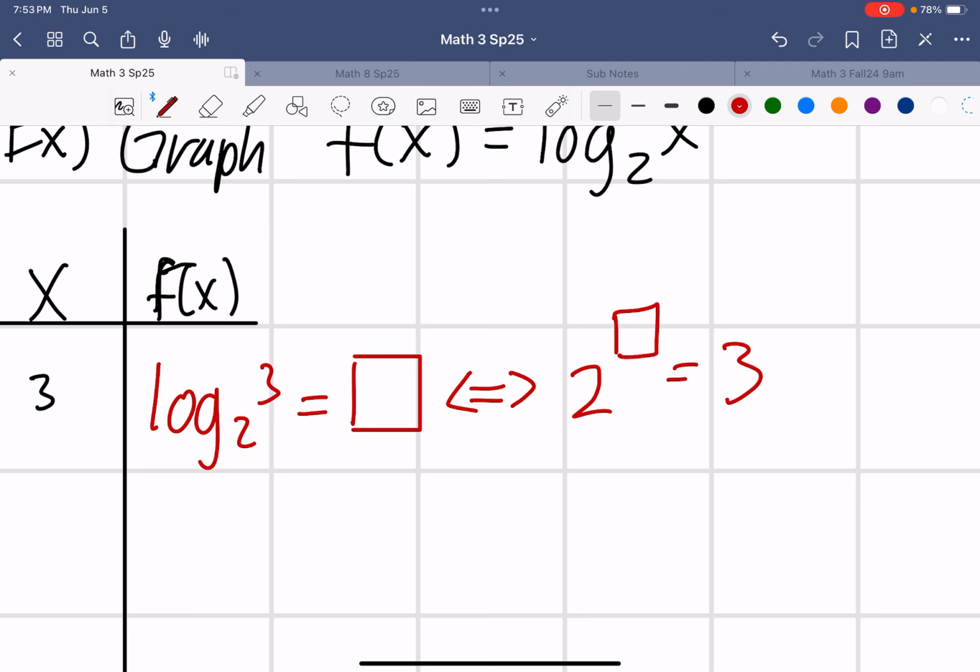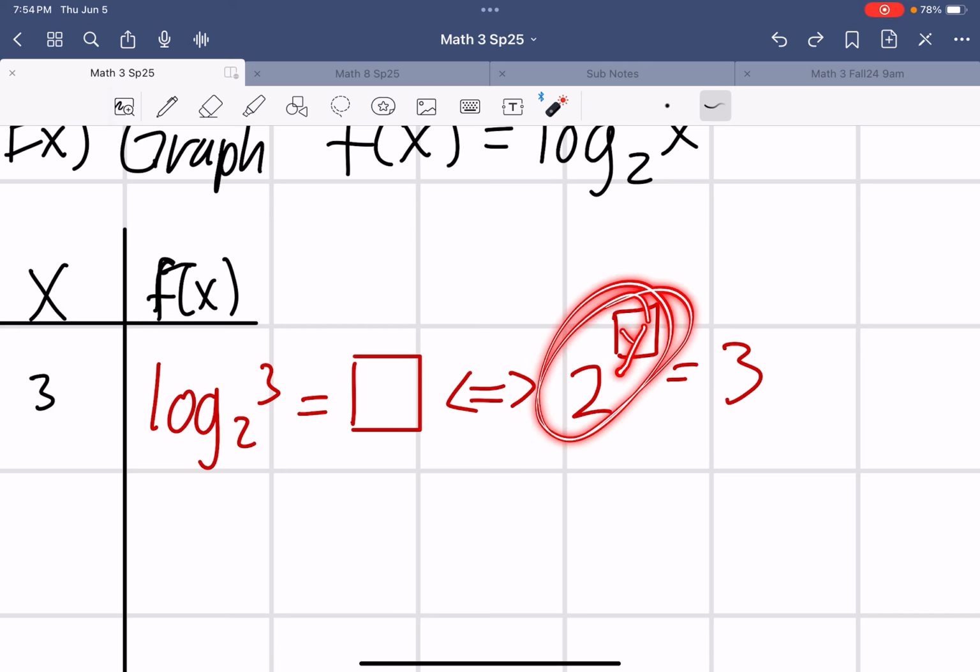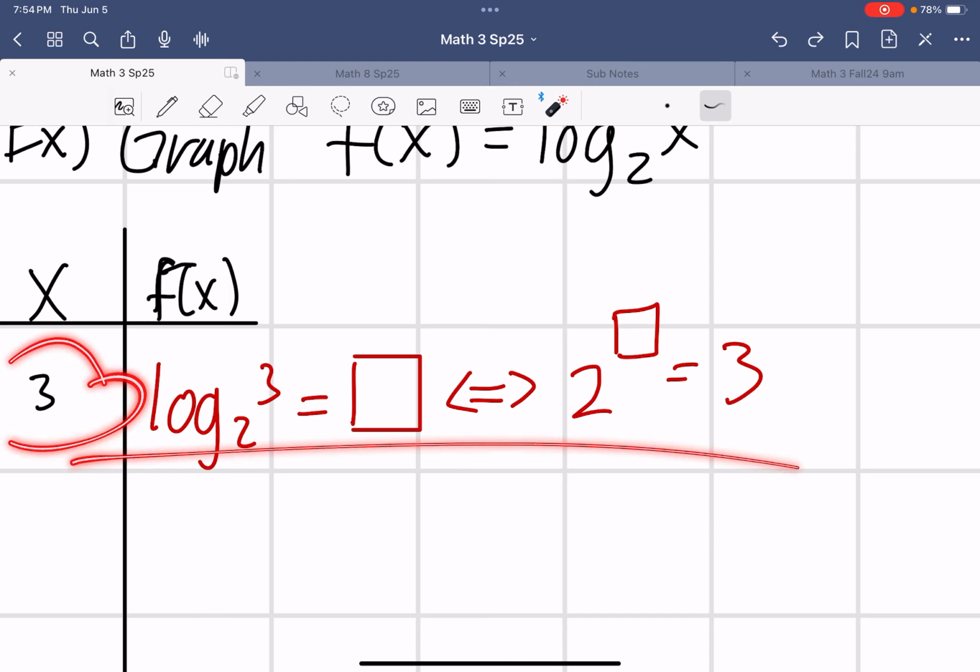And this is if I keep choosing my x's. Now let's not forget, in this exponential form, the one that gets rewritten, that output becomes the exponent, which is your y. I know how to apply an exponent, but I don't know how to solve something where the variable is in the exponent and these bases are not the same. They don't share any factors in common. Not saying that 3 does not exist. It does exist.